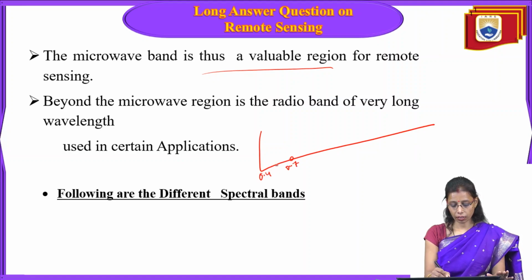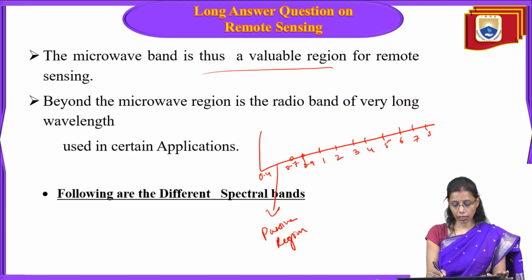This region is the passive region, also known as the visible one. Then the region beyond is totally the active region.